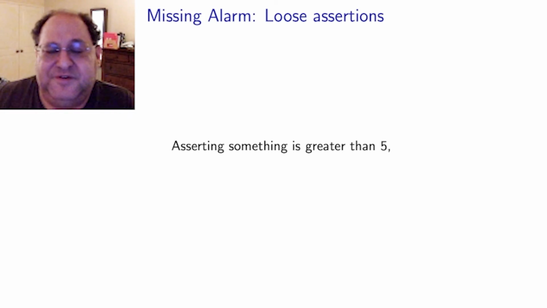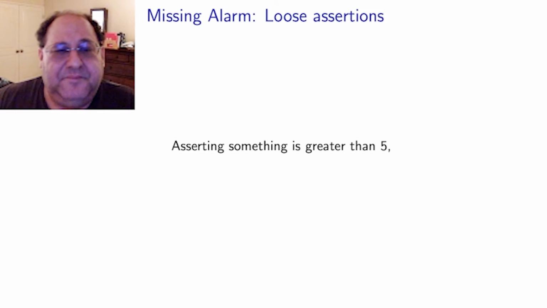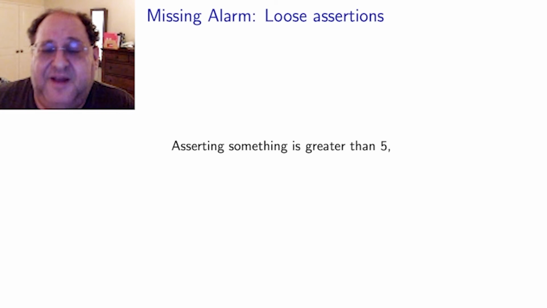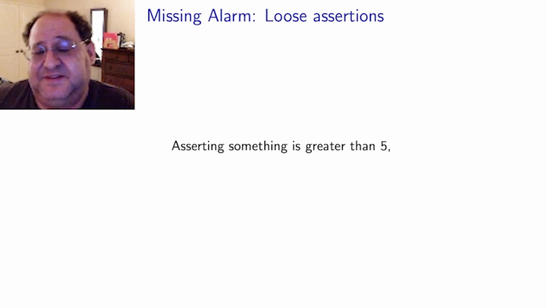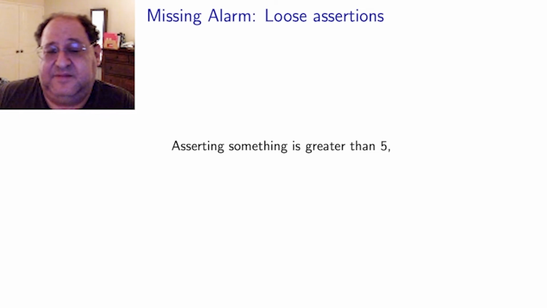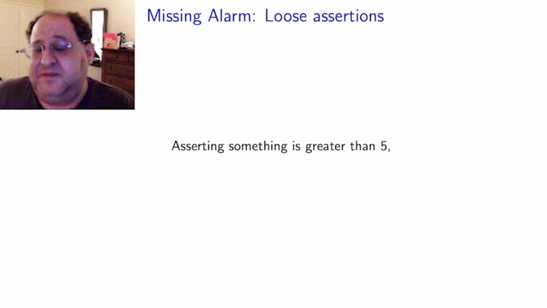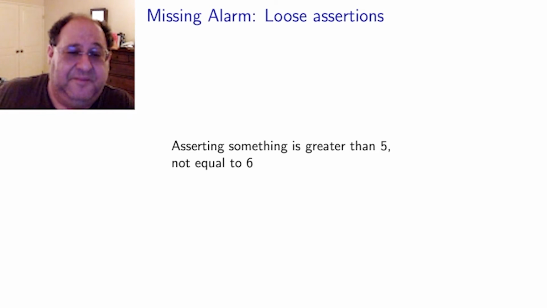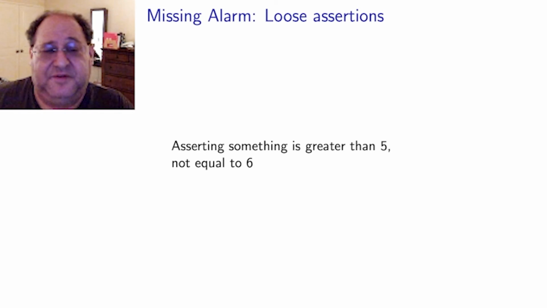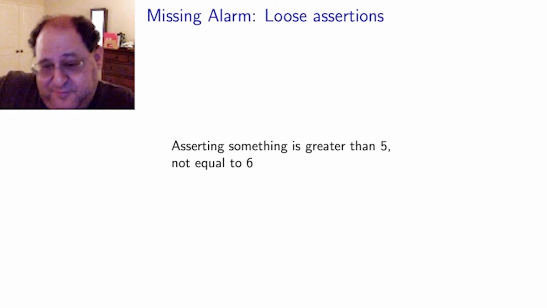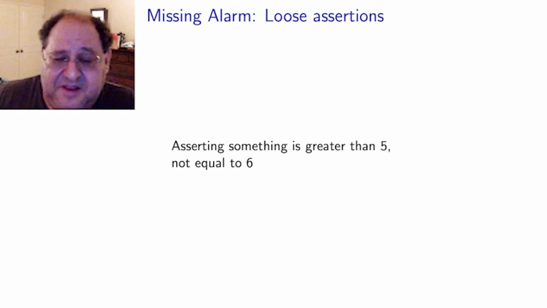Assuming you've gotten your coverage to where you want it to be, a very much harder thing to measure is loose assertions, right? When you assert that something is greater than 5, but you really should have asserted it's 6, right? Your assertion is too loose. So if there's a bug and this returns 5.5 instead of returning 6, you have run the code, you have asserted against the code, right?